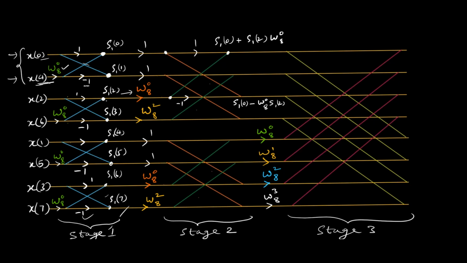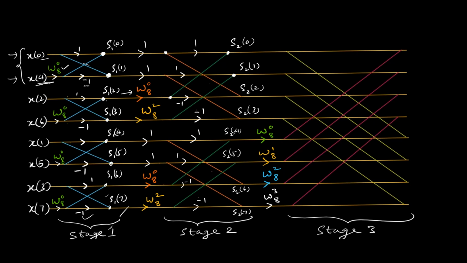All right, let us name this value as S2 naught. Likewise the value we get here is S2 1 and so on. Now these values of S2, these samples S2 0 to S2 7, will act as input to stage 3.